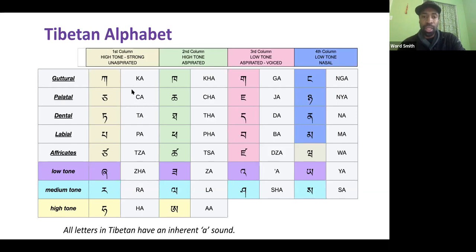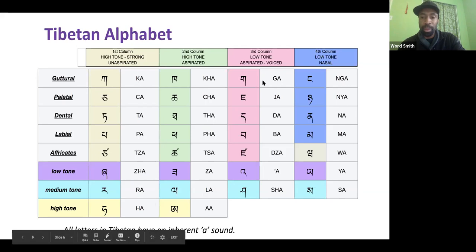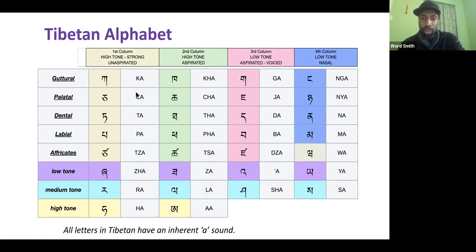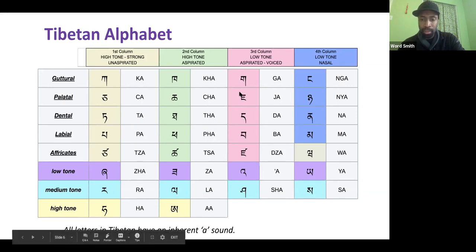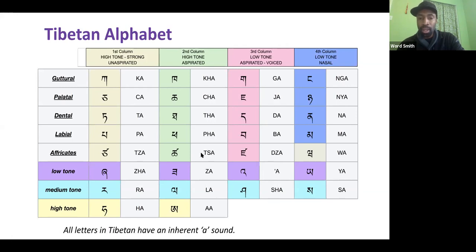And as you see, there are 30 letters in the Tibetan alphabet. Each one of these is represented by either 2 symbols or 3 symbols, all of them containing the letter A. And this is a code.